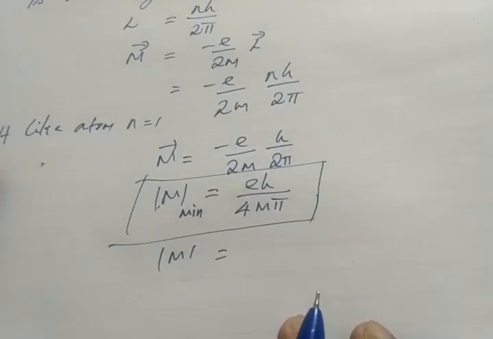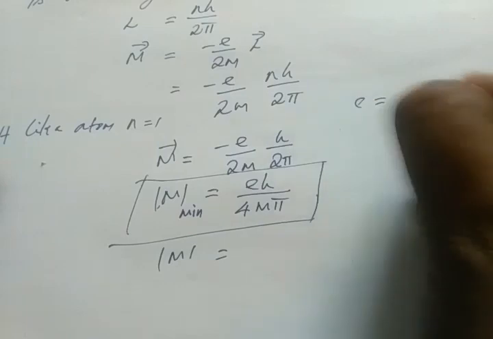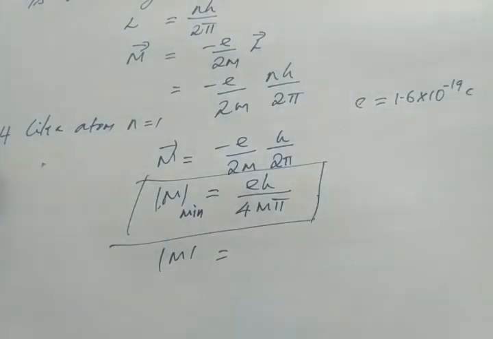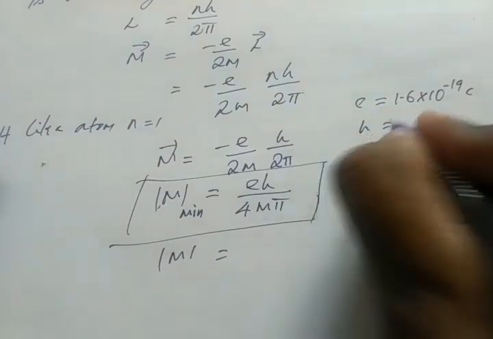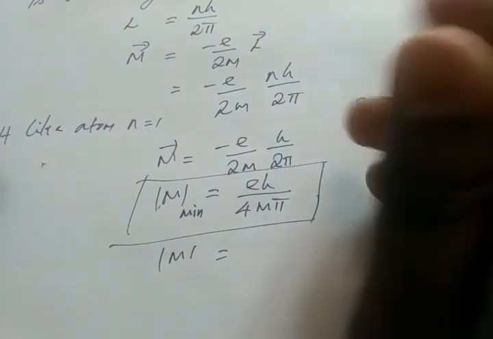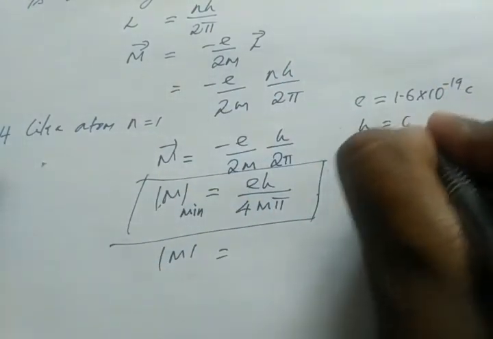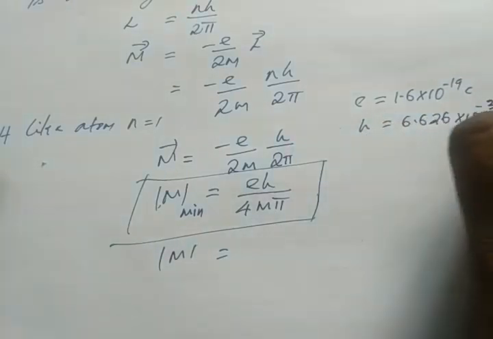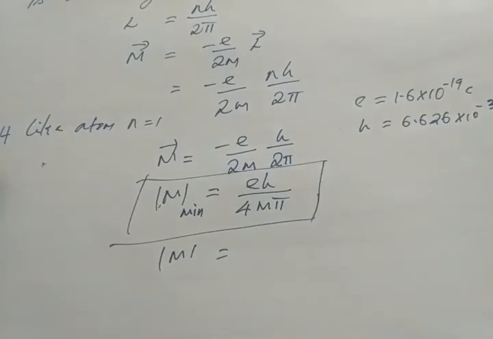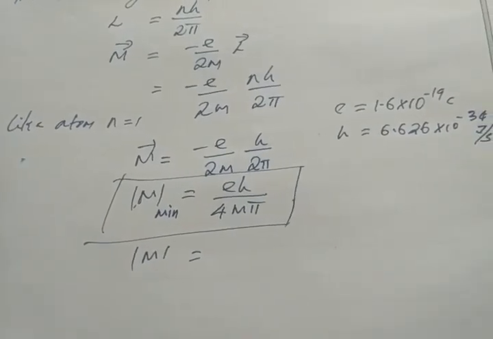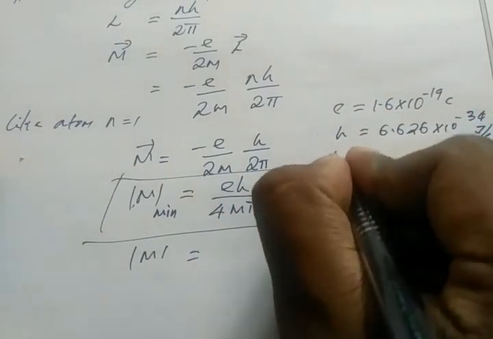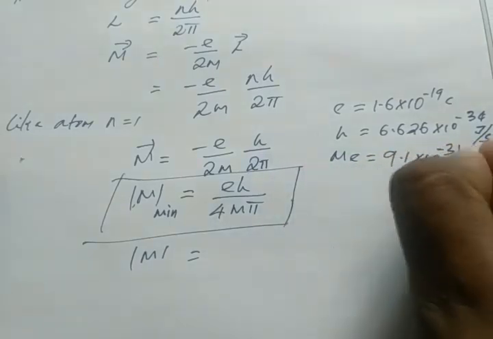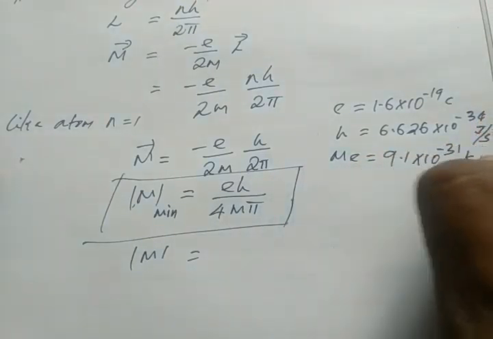What is E? E means charge of electron, which is 1.6 into 10 power minus 19 coulomb. What is H? H is Planck's constant, which you studied in modern physics, 6.626 into 10 power minus 34 joule second. Then M means mass of electron, 9.1 into 10 power minus 31 kilogram.